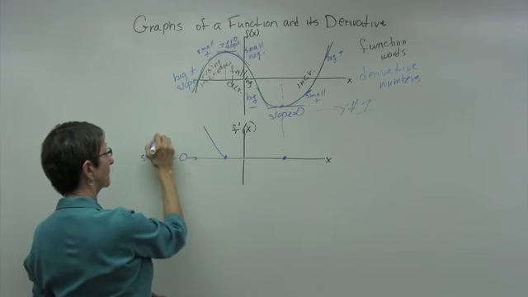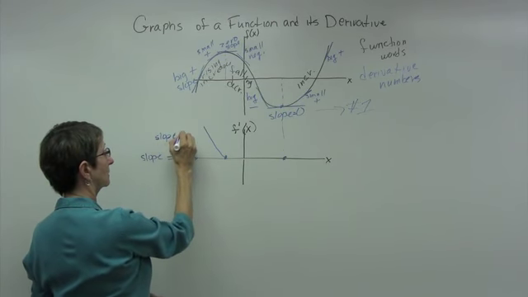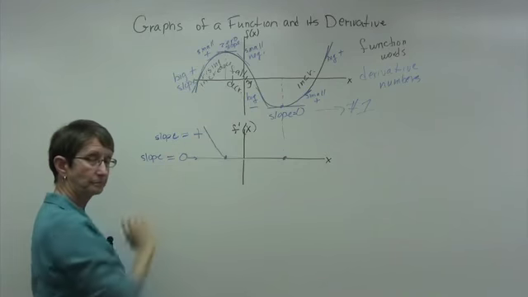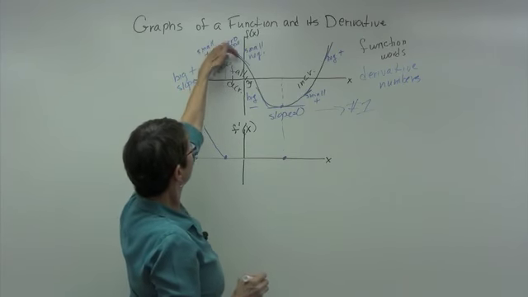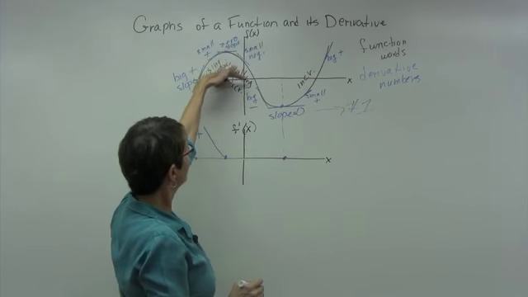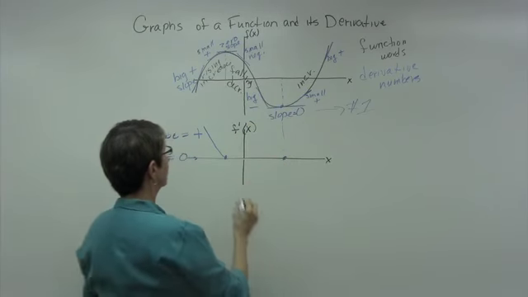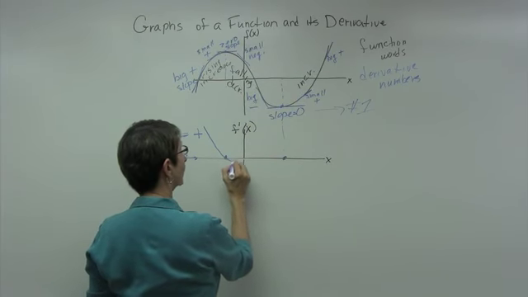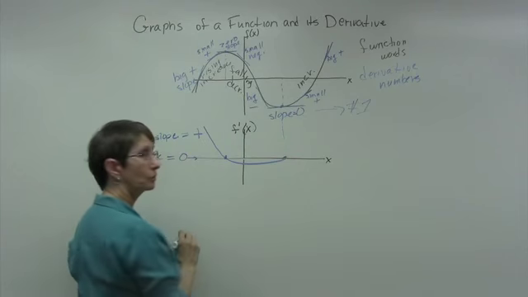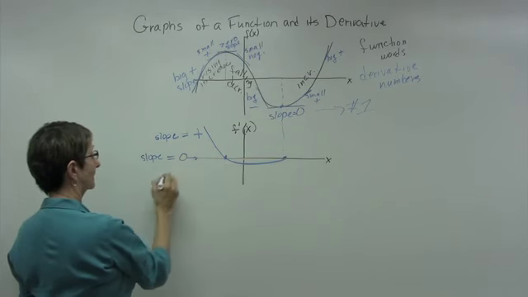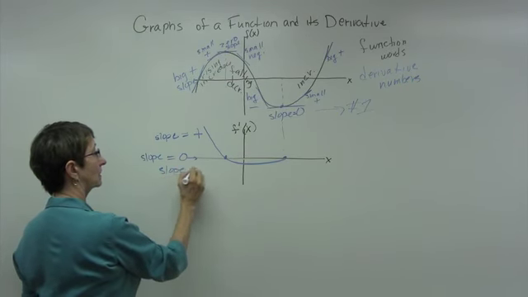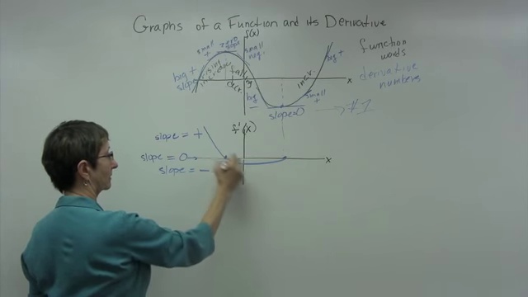So slope positive. Up here. Decreasing, I have negative slopes. Remember how I got negatives until I got down to this point? So all along here, I have negative slopes, which means they are below the x-axis. So slope equals a negative, all down here.